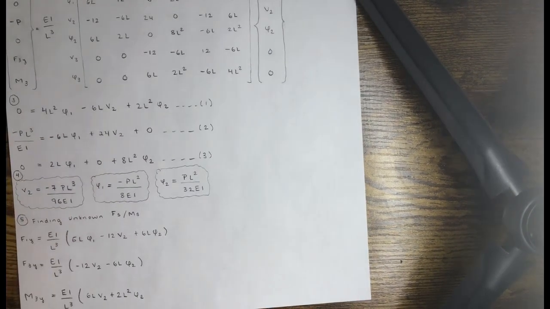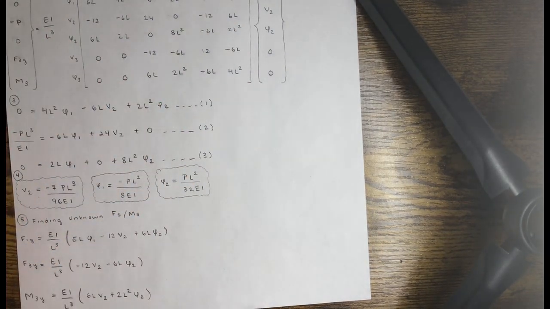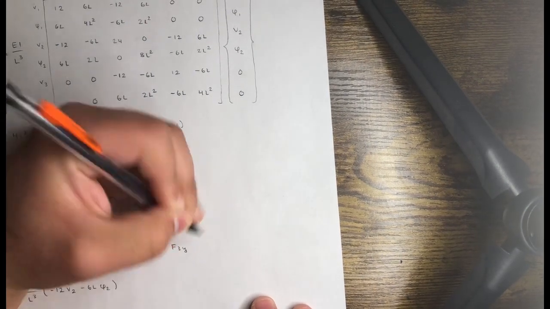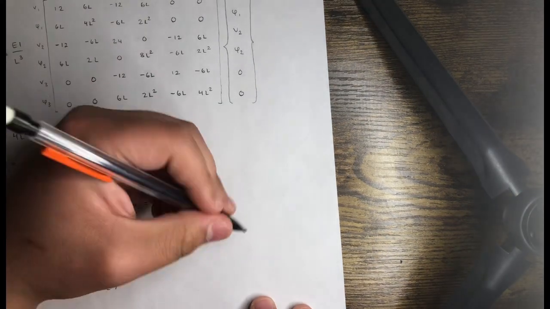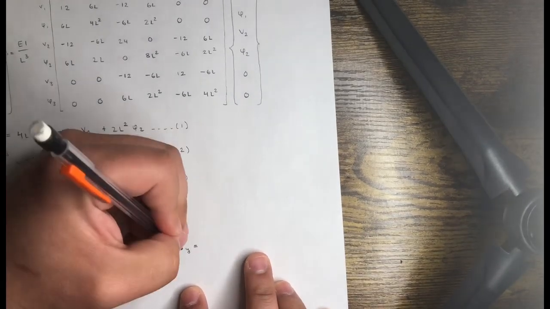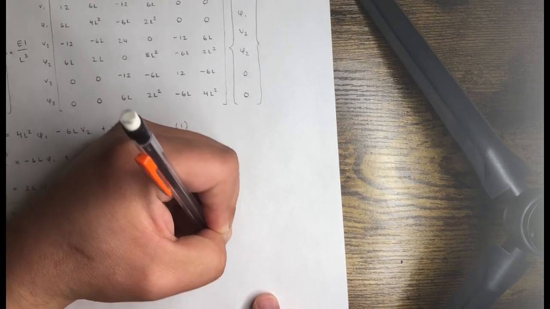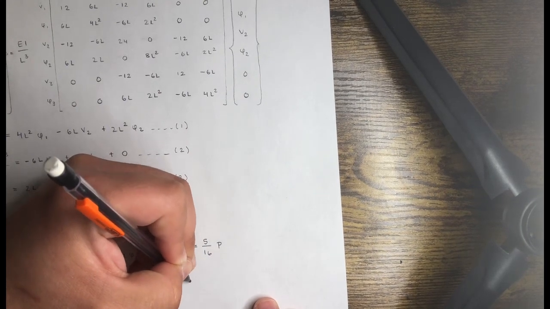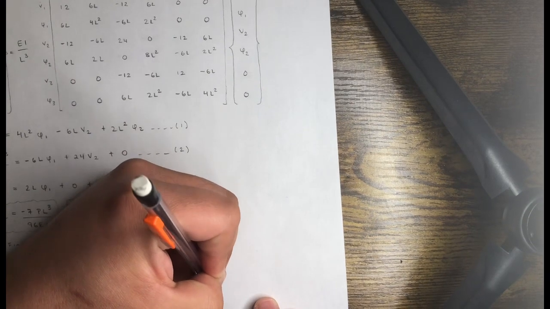Okay, cool. So we got 3 equations, 3 unknowns again. And if you solve for them, again, I'll show you guys in a bit, but F1y will equal 5 over 16 p. F3y will equal, what's that going to be? 11 over 16 p.